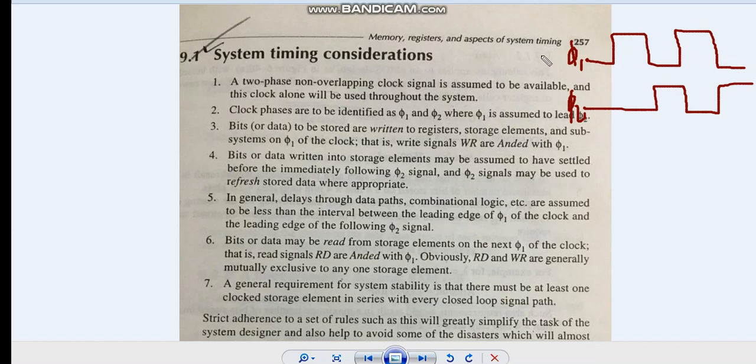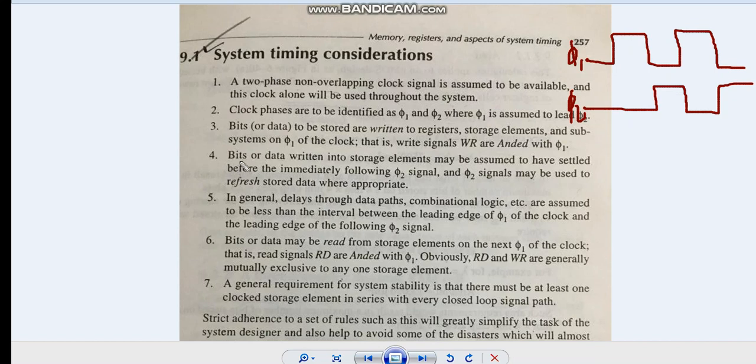Whenever we go for a write operation, data is written into the register, then phi 1 is combined with the write signal. That is the meaning of this point.